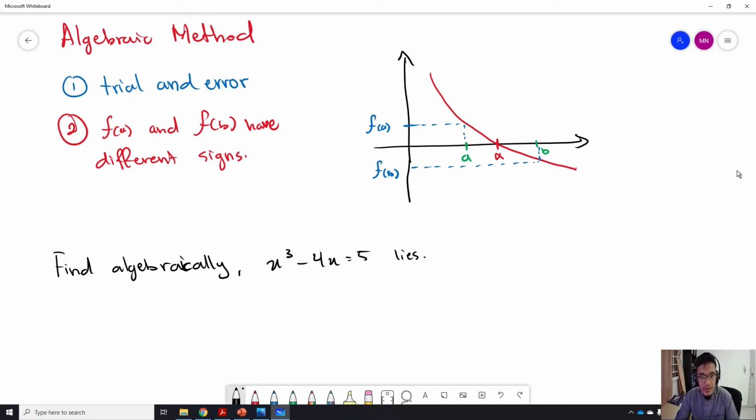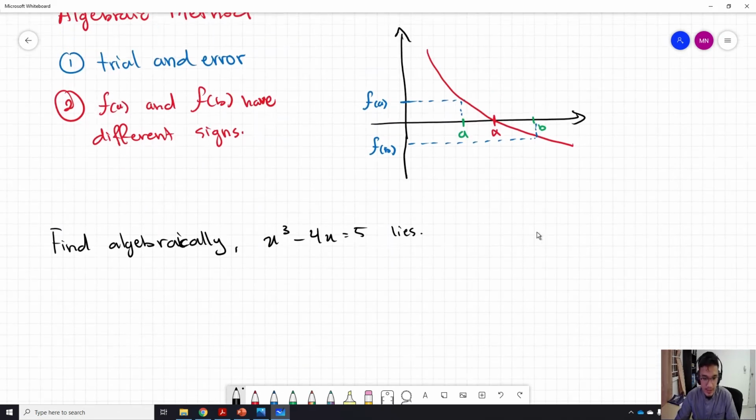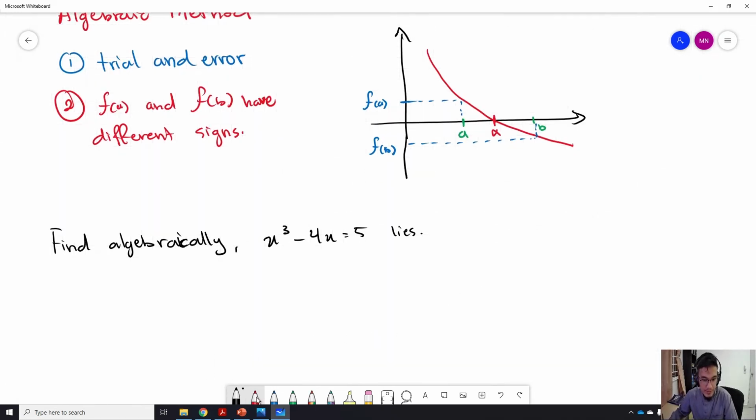Okay, first we need to do it by trial and error. Let's try substituting f(1) into the equation. So then we have 1 to the power of 3 minus 4 times 1 minus 5, and this will give us negative 8. So negative 8 is less than 0.